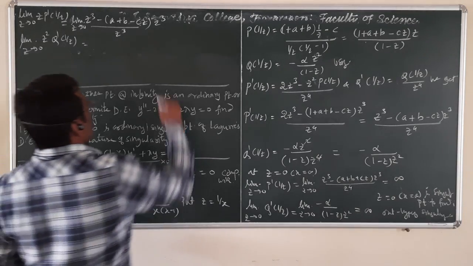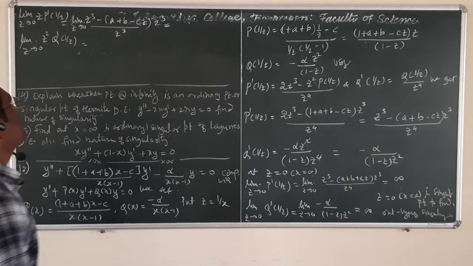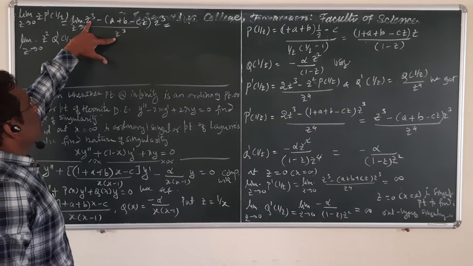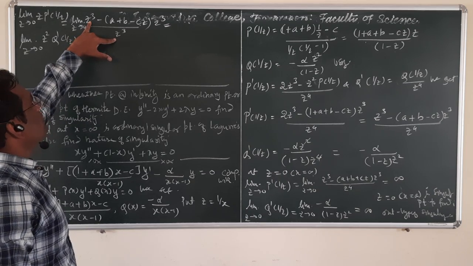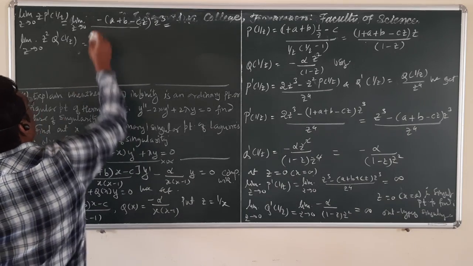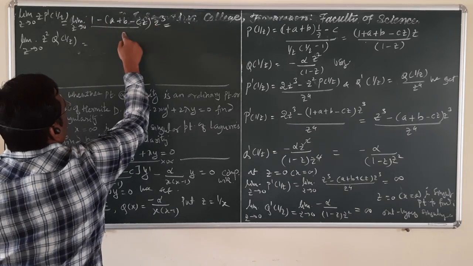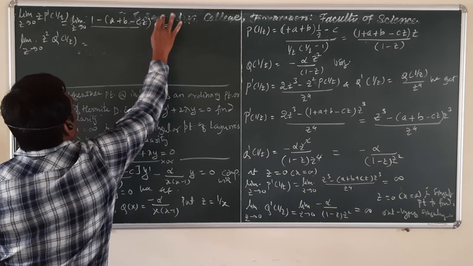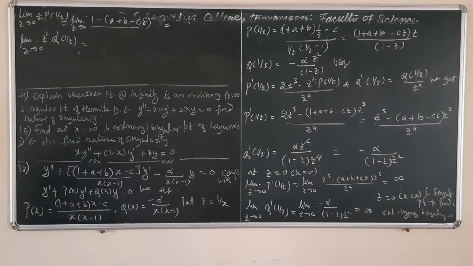Here this z cube will cancel with this z cube and we end up with 1, and again this z cube cancels with this z cube. So our equation is 1 minus a plus b minus cz.